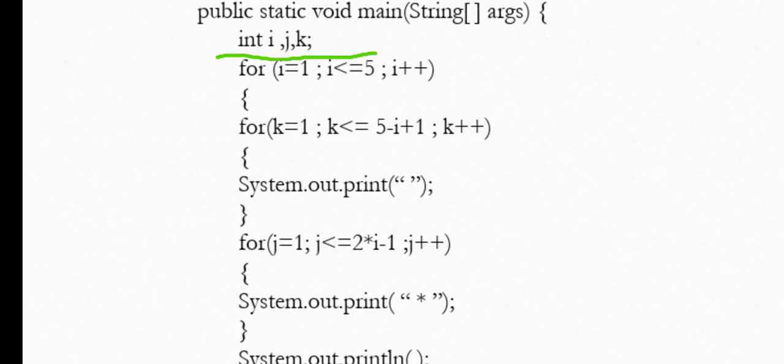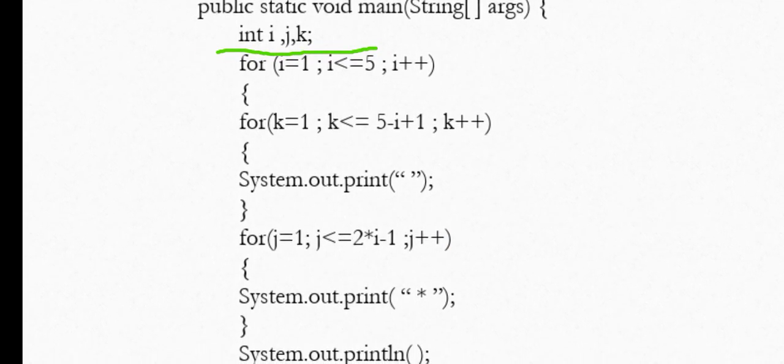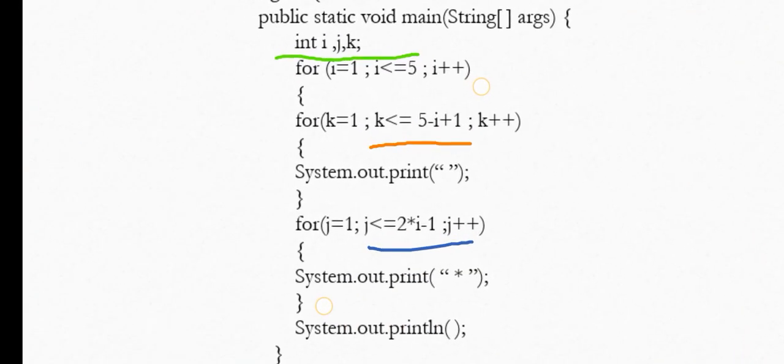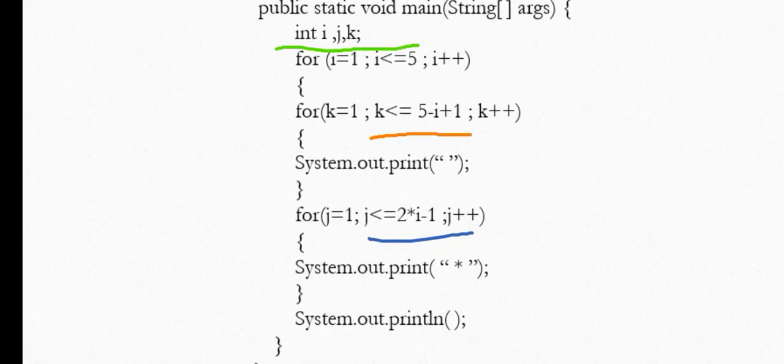Now after completion of the rows, you need to check for the spaces. What is the condition? I have already told: k less than or equals to 5 minus I plus 1. So this is the main condition. For k the same condition, and here you need to print the spaces, that's it.